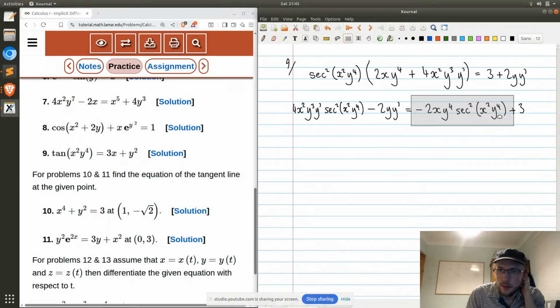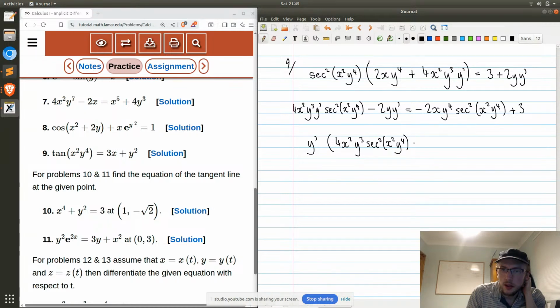Move it carefully. Bring that y prime outside: 4x squared y cubed, 6 squared x squared y to the 4, minus 2y, and leaves the right side just as it is.